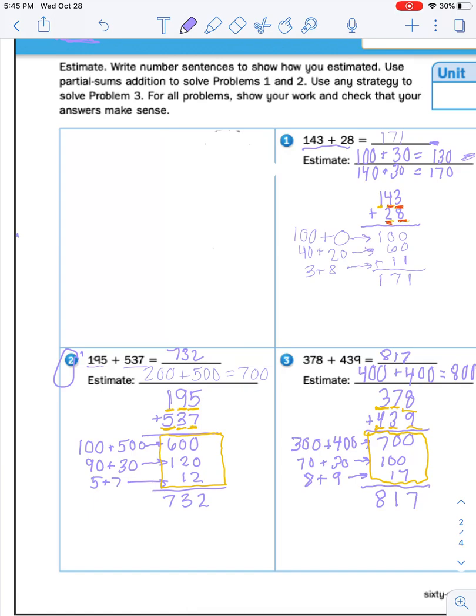If you break apart 195 and represent it with base 10 blocks, how many hundreds squares would you have from 195?